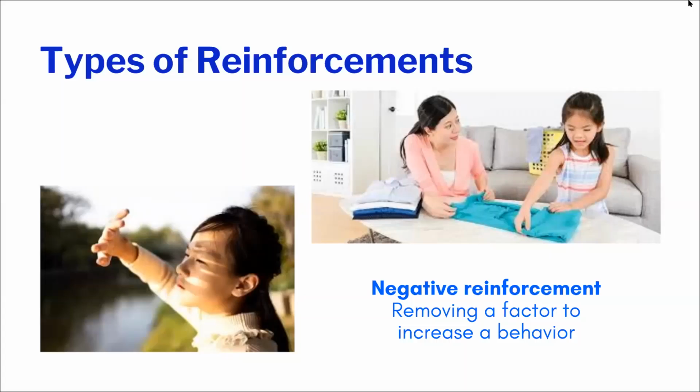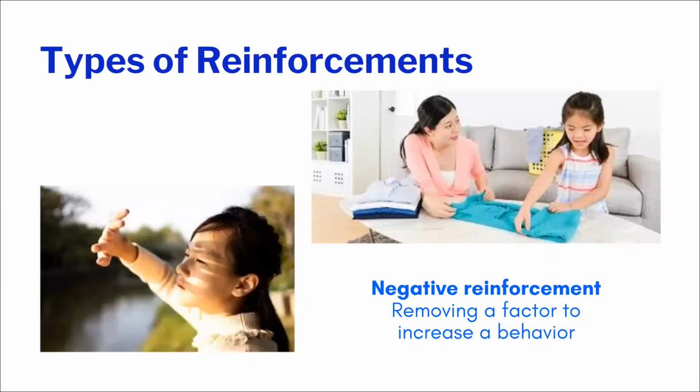So in the other picture over here, when the child is doing her homework nicely, the mother is actually saying to the child that, okay, you can skip doing your chores today because you did your homework nicely. So she removed the chores from the child's daily routine. And that is how the child is being reinforced to do more and more homework in her assigned time.